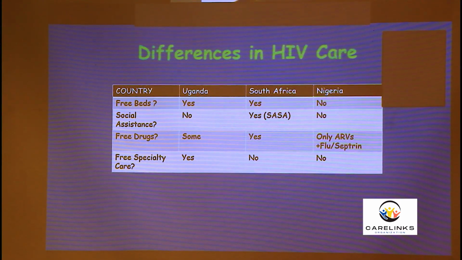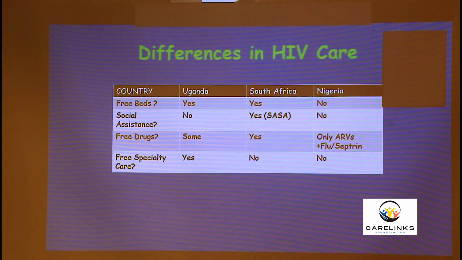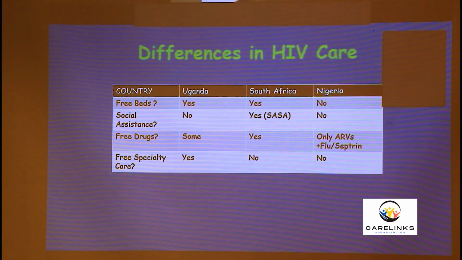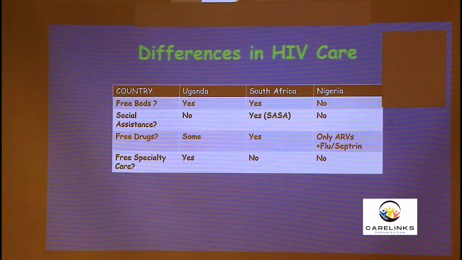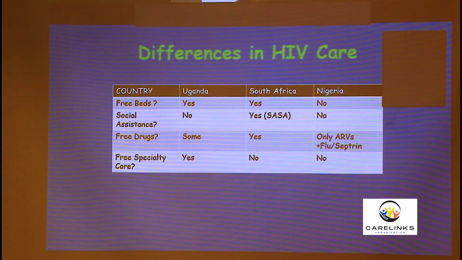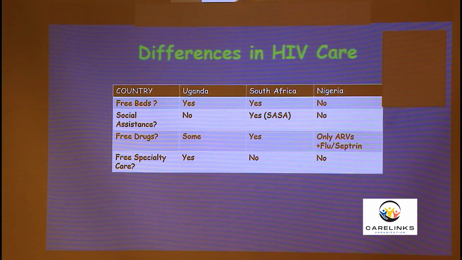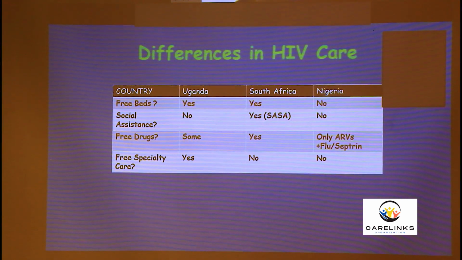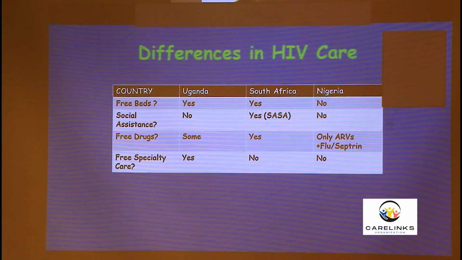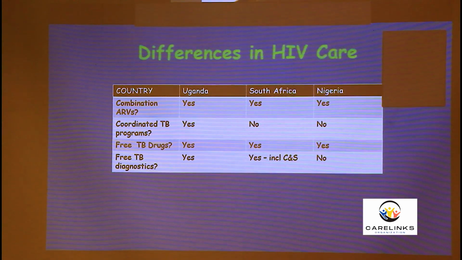In South Africa, yes. In Nigeria, only the ARVs and some of the basic AIDS-related drugs like fluconazole and Septrin. Specialty care is not free generally in South Africa and Nigeria, although you can get a specialist for free in the hospital in Uganda.